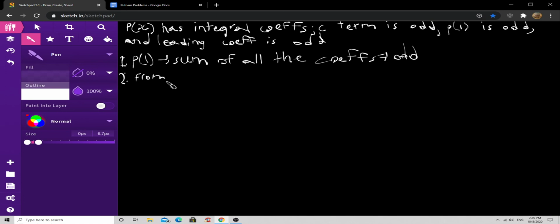from 1. Okay, so from 1, let's see. So if the sum is odd, and we know that the last term is odd, then we know that there is an odd number of odd coefficients.